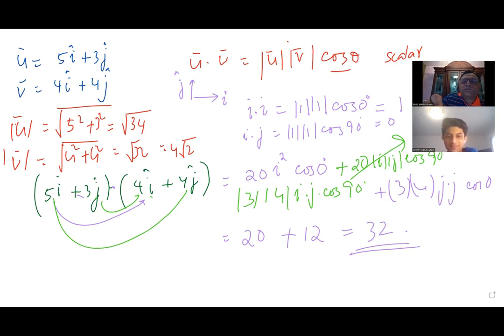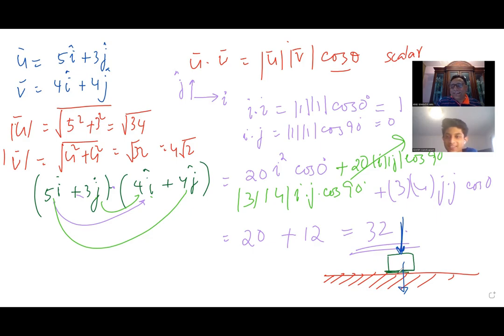For example, let's say this is the road, and we have an object right there. If I have to move this object and I apply a force in this direction, what is the work done? The displacement is zero. I cannot move it in this direction, can I? No, sir.